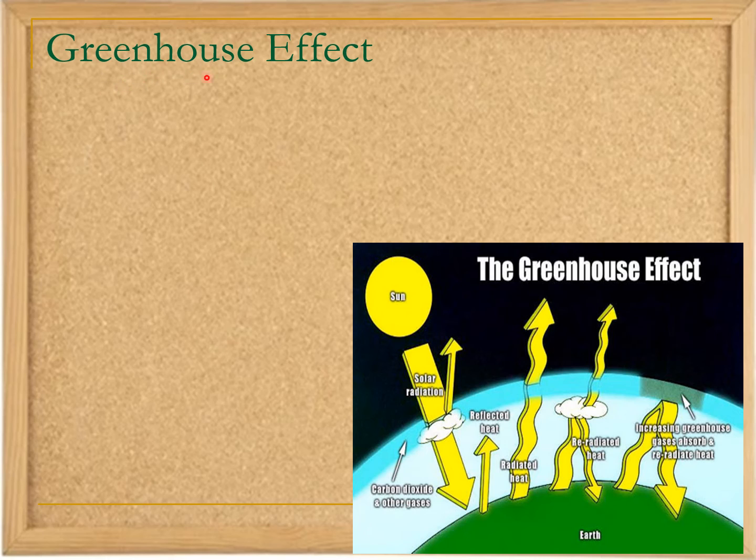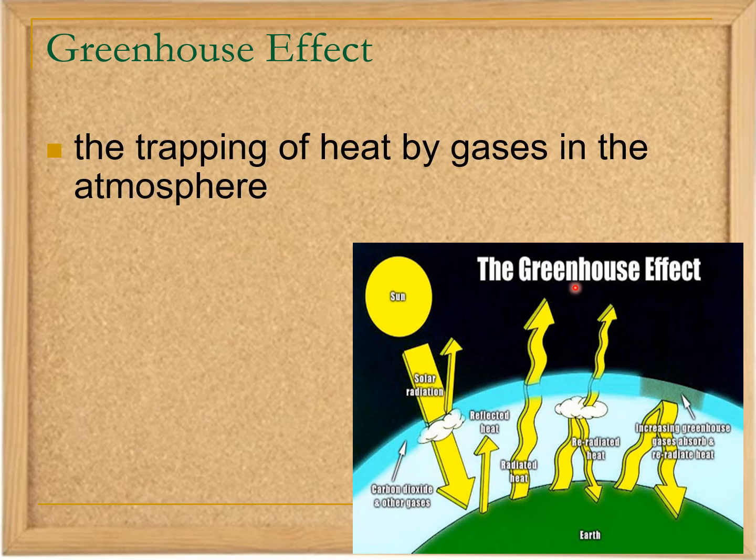A greenhouse is a house wherein you put plants, and it will somehow control the temperature that surrounds your plants, so it will not be too hot or too cold. This can also be applied to our atmosphere, and that's what we call the greenhouse effect.